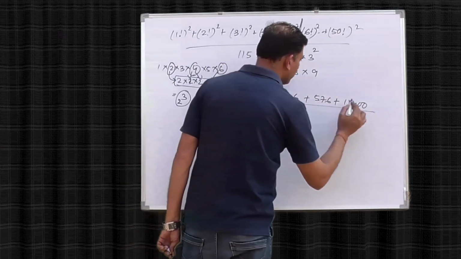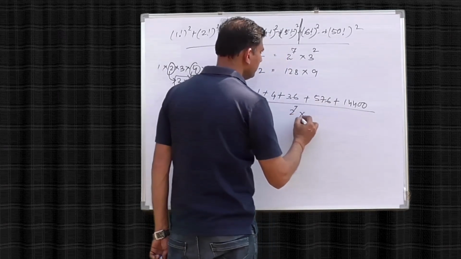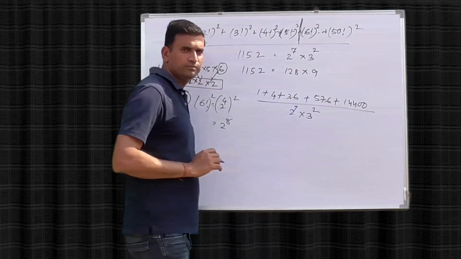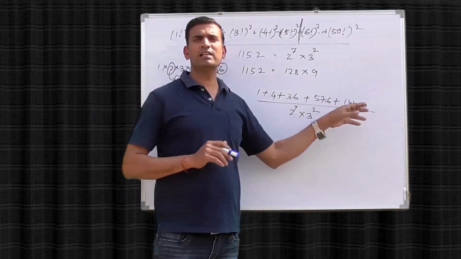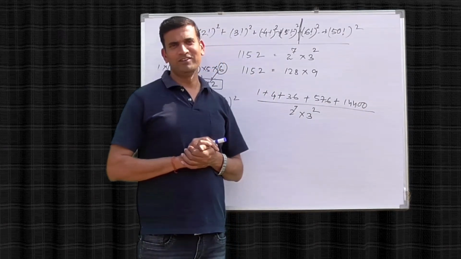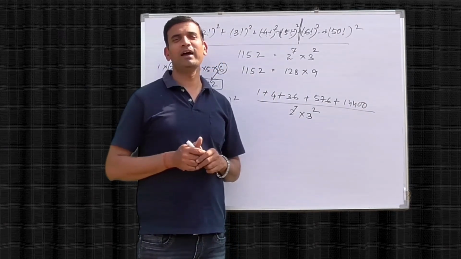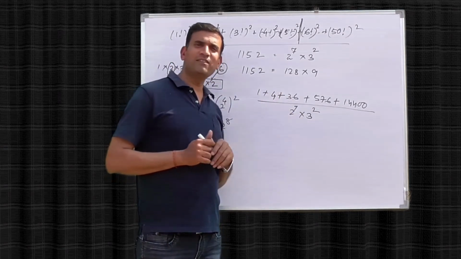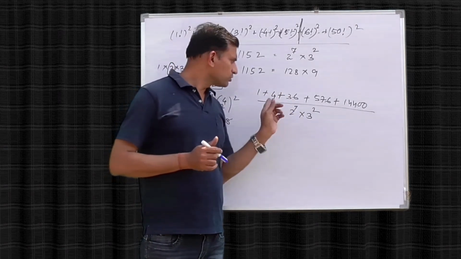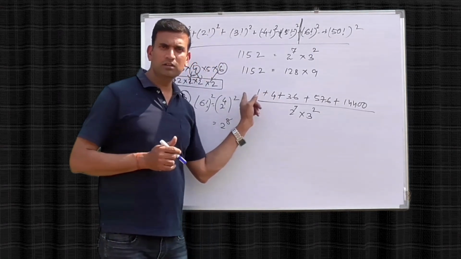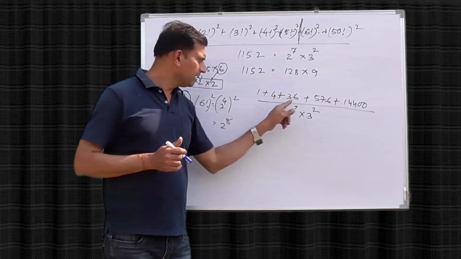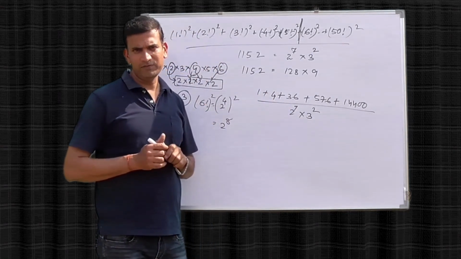This is divided by 2 to the power 7 and 3 to the power 2. 6 factorial square and onwards, every number is completely divisible by 2 to the power 7 and 3 to the power 2. So you just need to find the sum of these results and divide it by 1152.